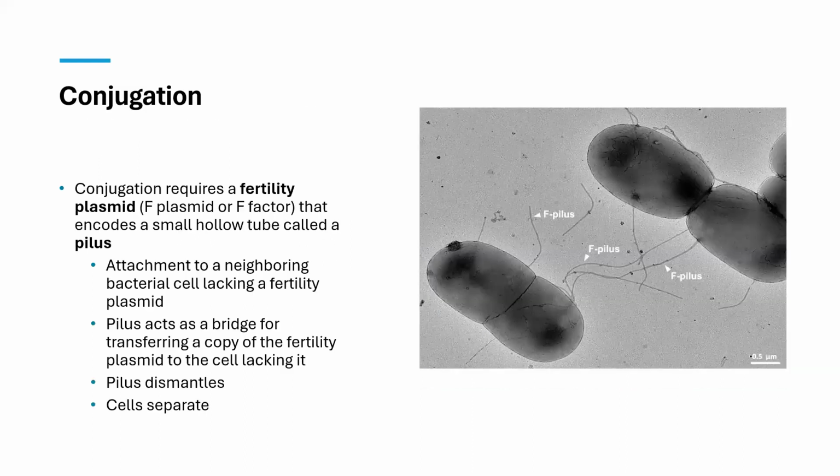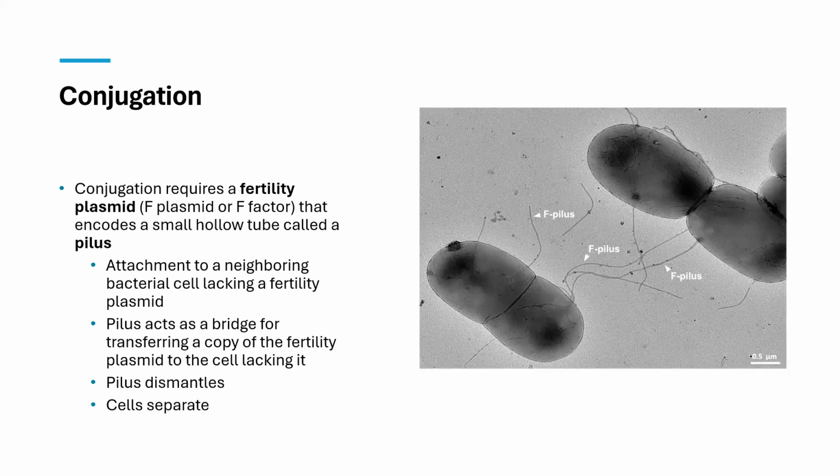Now, the transmission of plasmids often involves a process called conjugation. You can have special conjugation plasmids called the F plasmid or F factor that encodes for a pilus, right? So we talked about this in like the first week. It allows for attachment between two cells, between a donor and a recipient.